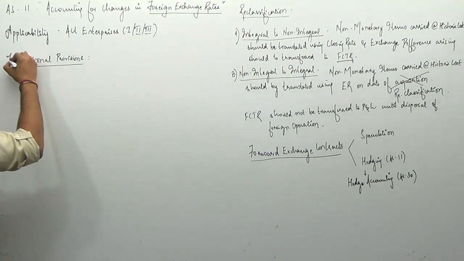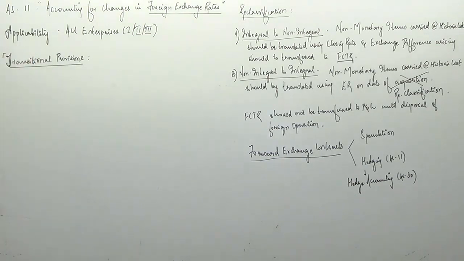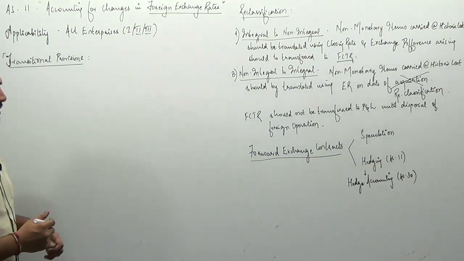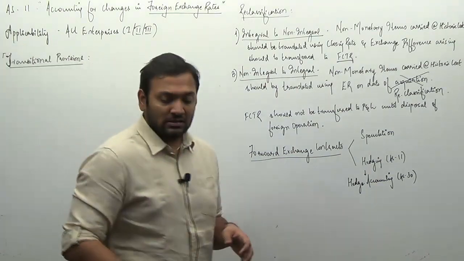Transitional means something which is temporarily put in. For whatever particular reason it is, whatever is temporarily put in, I'll call it transitional provisions. So, what basically happened was, long back, I'm talking about the period of 2007 and 2008.